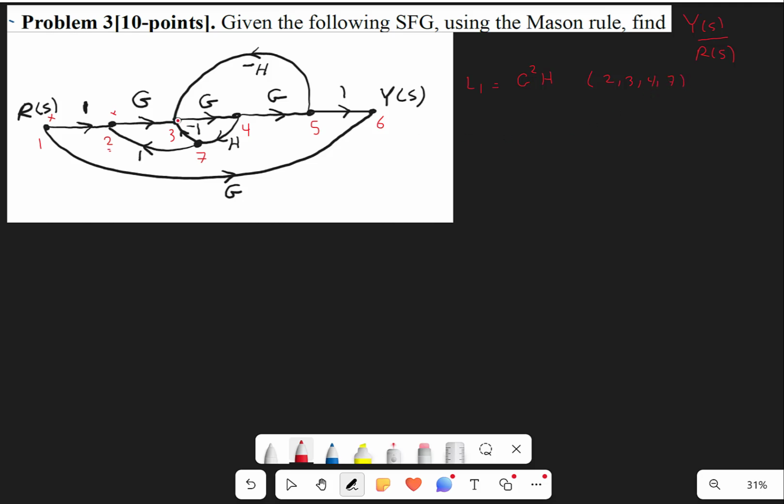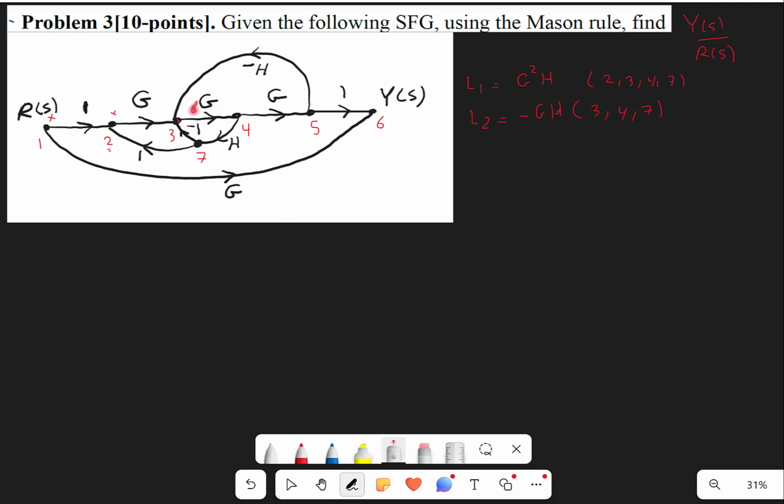If we go to node number 3, we have also another loop. If we write the loop gain L2, it will equal minus GH, and it will pass through nodes 3, 4, and 7.